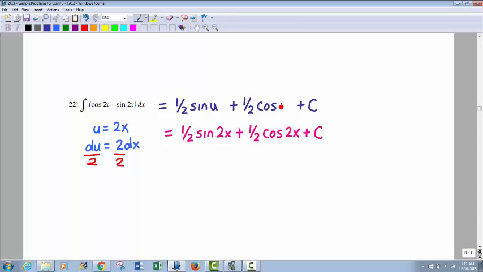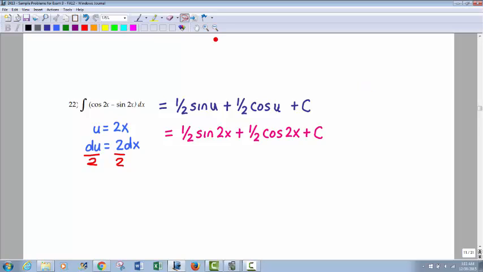Now, why do I have a positive here in front of that cosine? Well, that's easily explained because we have a negative right here in front of that sine. So that's what then just turns it into positive. So basically the antiderivative of negative sine of u would be positive cosine of u.